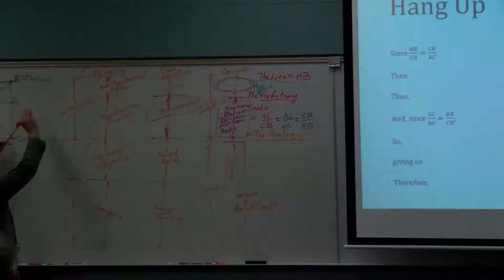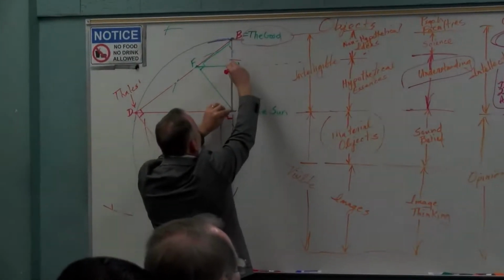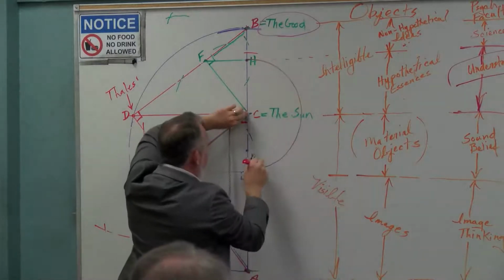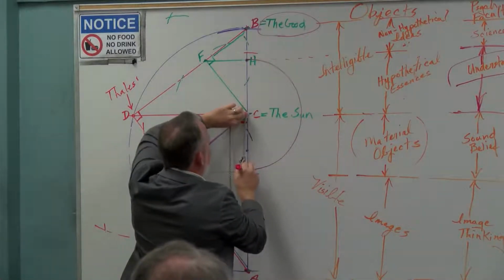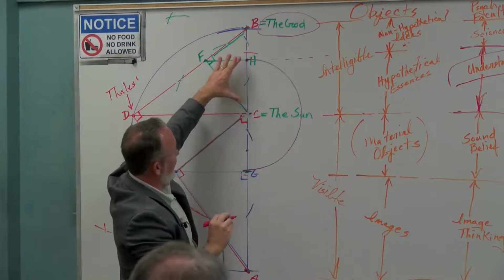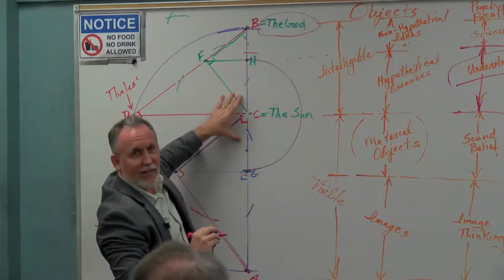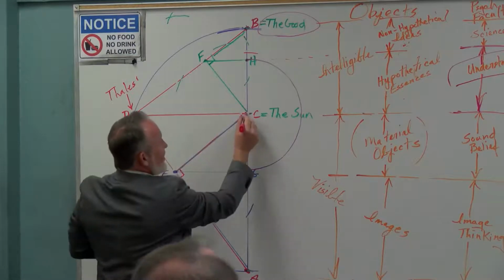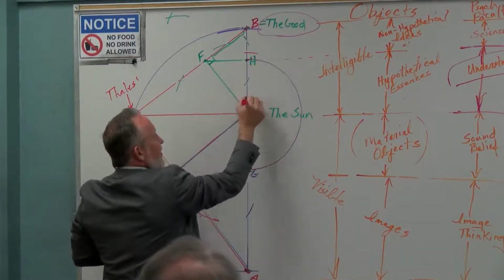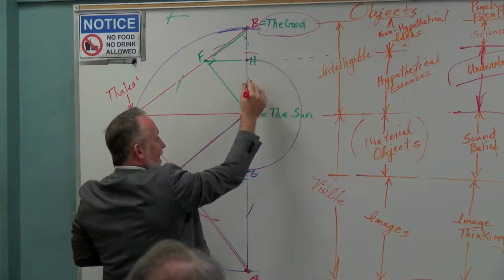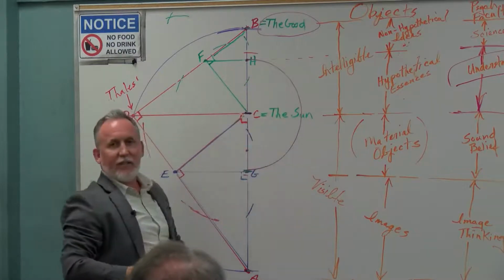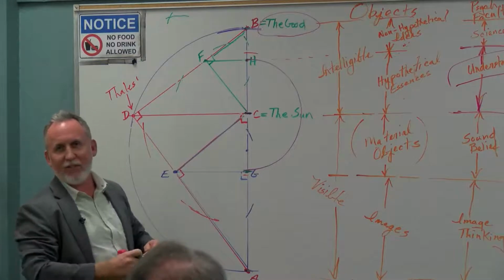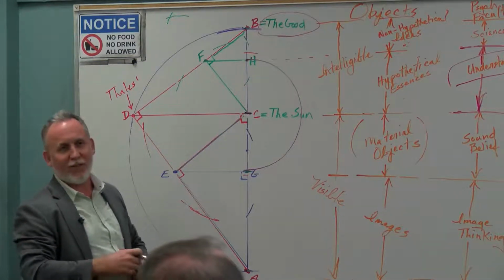Now, if you do the geometry, that's exactly the way it comes out. The diameter of this circle is bisected by C. CH is equal to GC. The geometry tells us that. That's all built into Socrates' original construction.